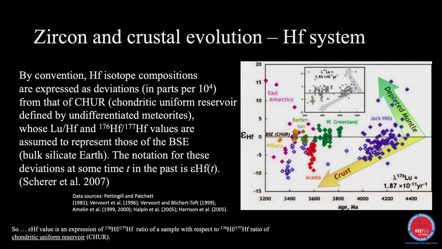So we need values of the hafnium 176/177 ratio in our standard, and the standard is the chondritic uniform reservoir, so the composition of undifferentiated meteorite.